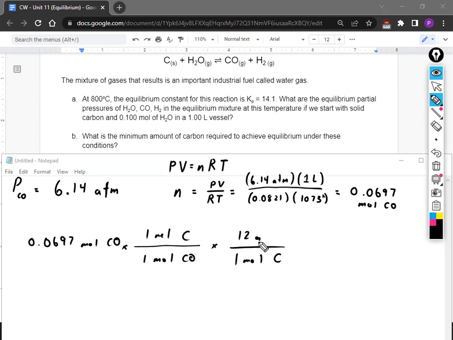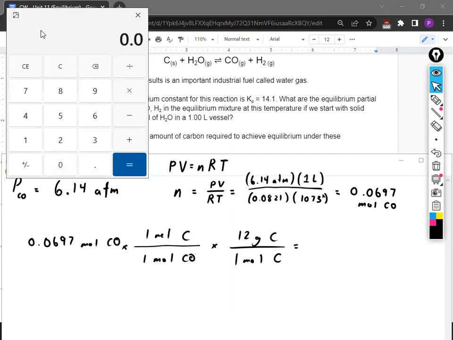It's gonna be 12 grams of carbon. So all you gotta do is 0.0697 times 12. Okay, and we'll get a final mass of 0.8. I'm gonna round that up to 4 grams of carbon.